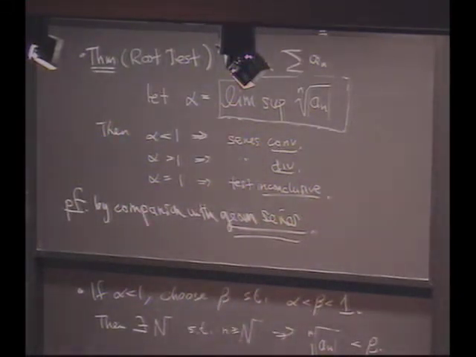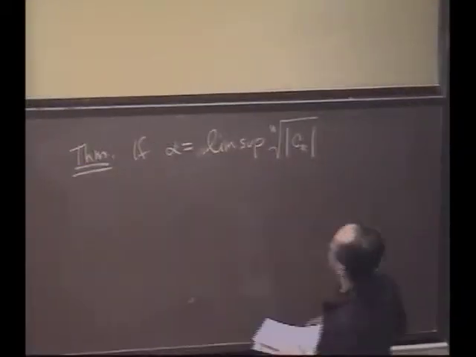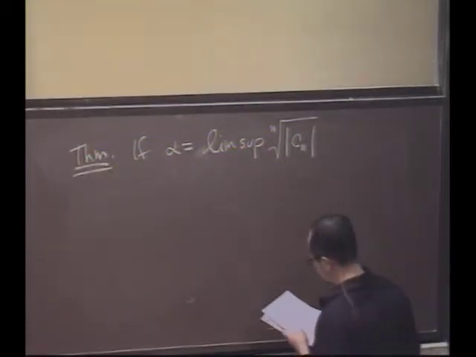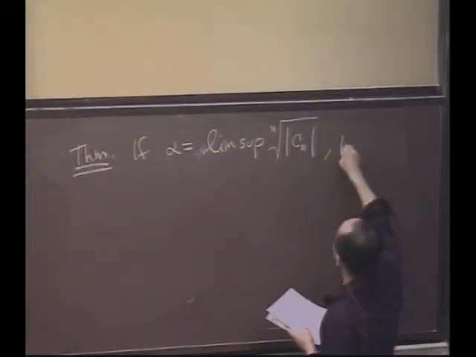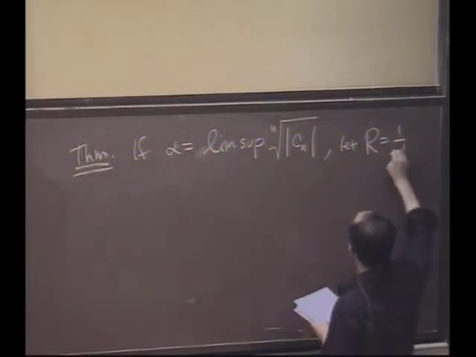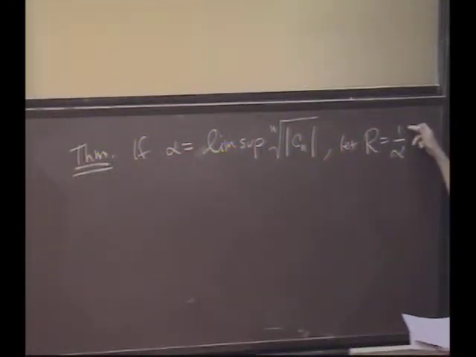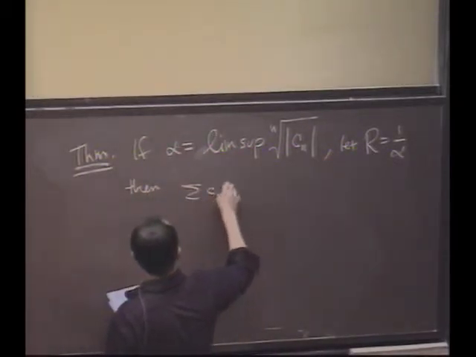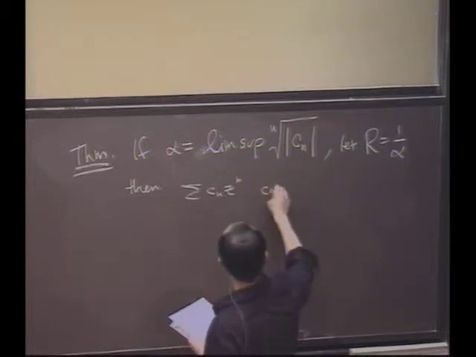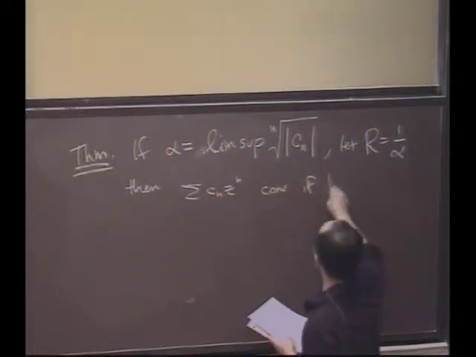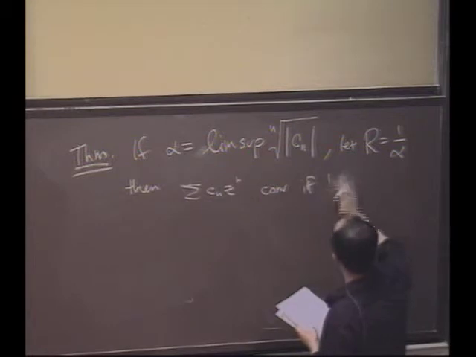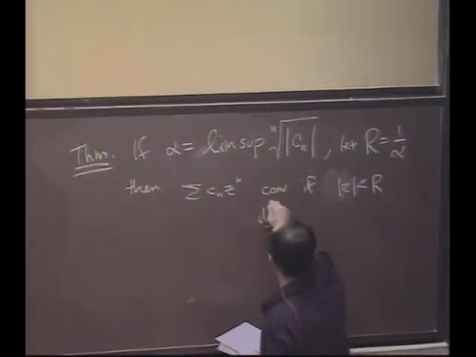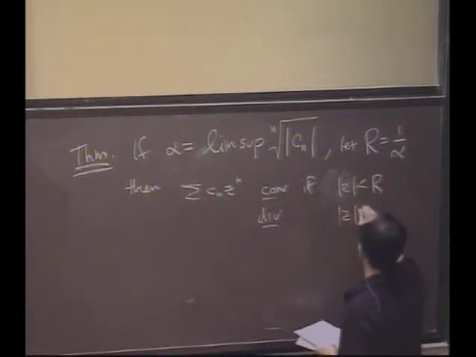So if I ignore the dependence on z, let's call this thing alpha, the lim sup of the nth root of the absolute value of C_n, and then let r be 1 over alpha. There's the 1 that's making its appearance. Then the claim is the sum of C_n z to the n converges if the absolute value of z is less than r, and it diverges if the absolute value of z is bigger than r.